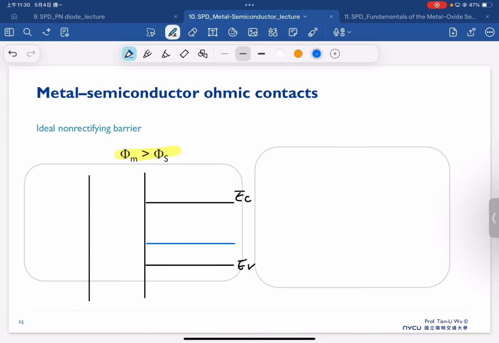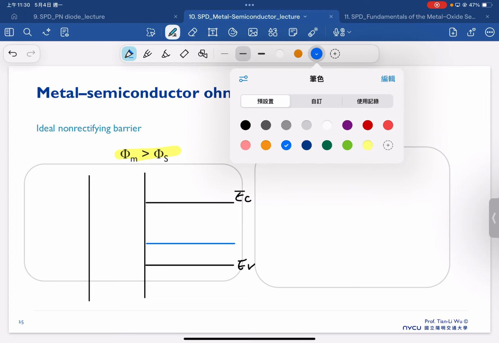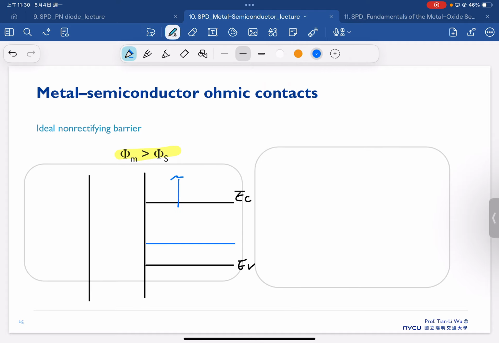So consider a p-type semiconductor. Phi s is here. That's our p-type. And now we have to choose the metal that has a phi m larger than phi s.